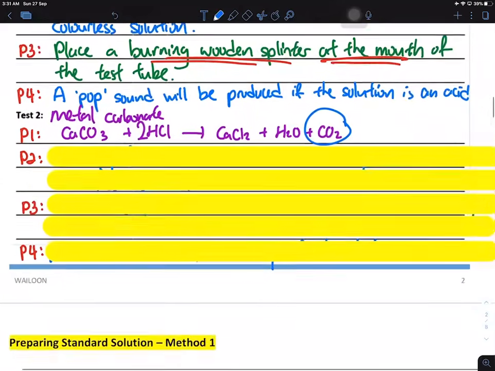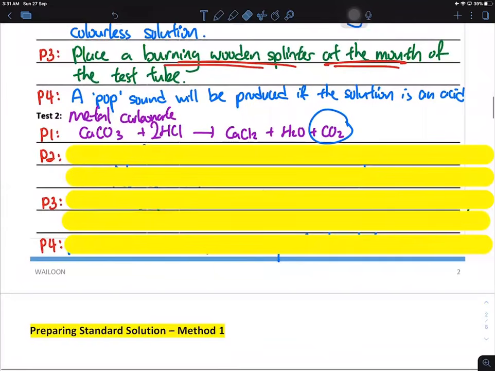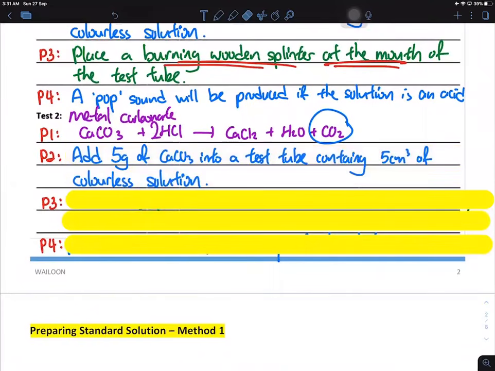Same steps, you add metal carbonate into the acid. So 5 cm³ of calcium carbonate into a test tube containing 5 cm³ of colorless solution.